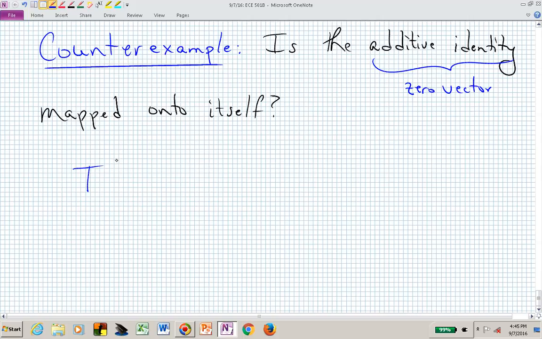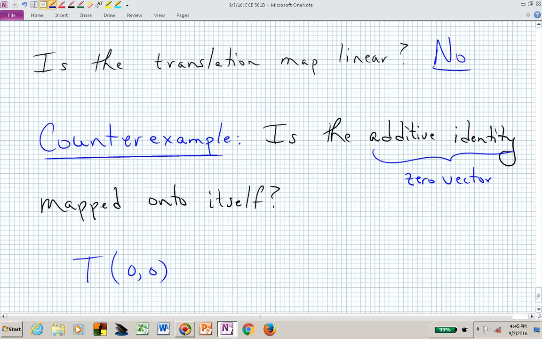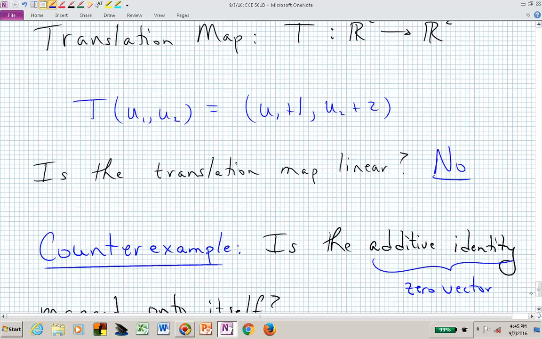From the definition, if I take this translation map T, and for u sub 1 and u sub 2 I apply 0, what's going to be the output?